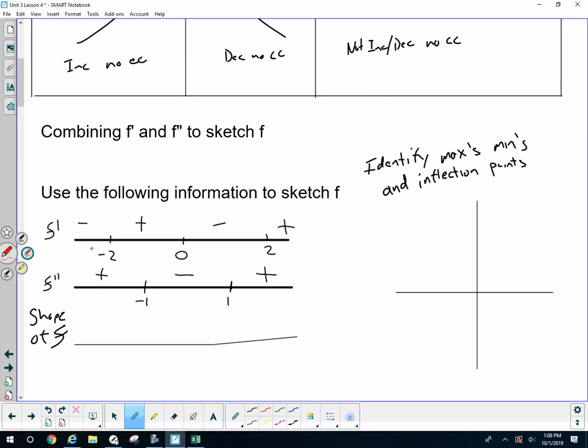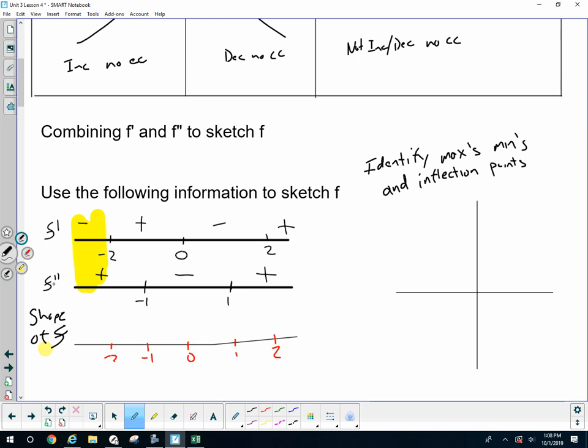We're not going to be doing this often because it's pretty time consuming, but we'll do it for a couple examples. We will be expected to be able to analyze both the first derivative and the second derivative at the same time. And then we will throw all of the very important numbers from both the first and the second derivative down. And knowing signs, we'll be able to know the shape of f.